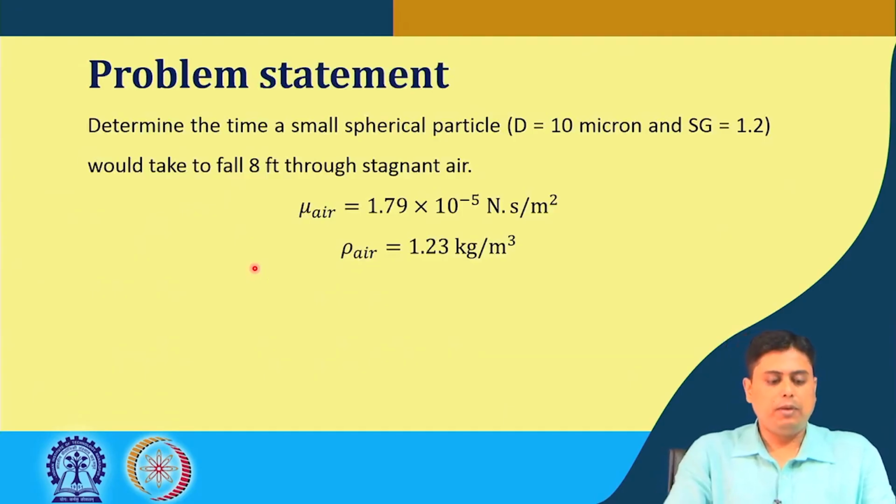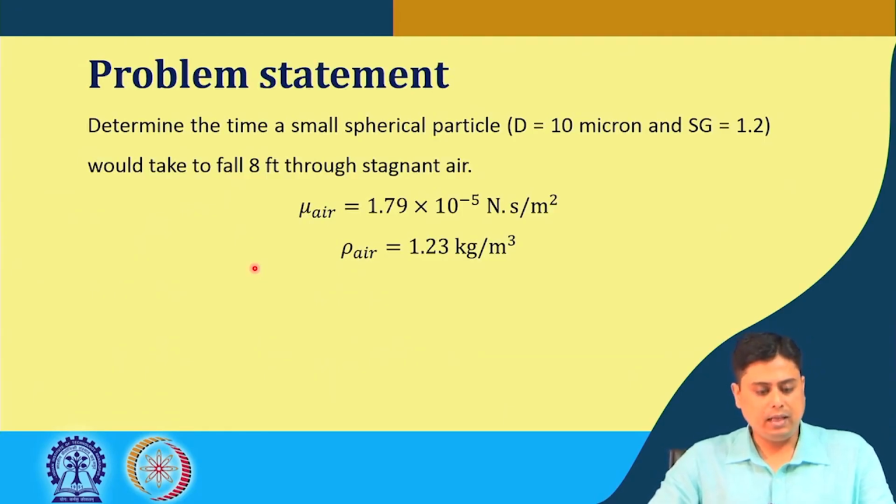Now this problem says: determine the time a small spherical particle that has a diameter of 10 micron and specific gravity of 1.2 would take to fall 8 feet through stagnant air. So let us say there is a very small particle of 10 micron having a specific gravity of 1.2 falling through air.